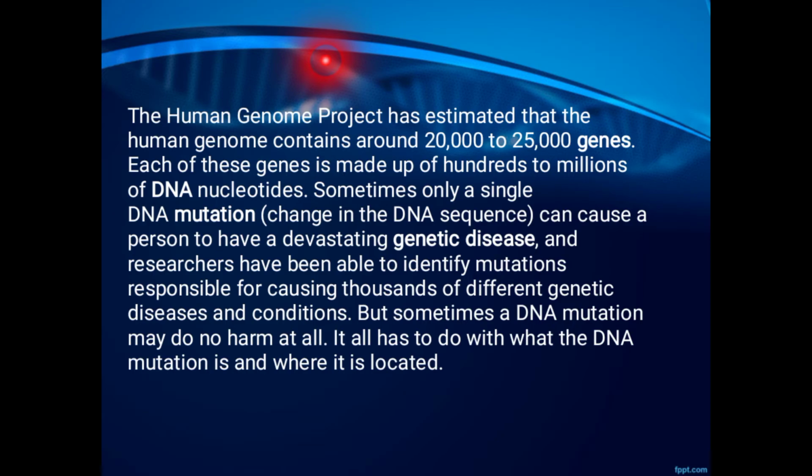For example, the disease sickle cell anemia. Sickle cell anemia is one of a group of disorders known as sickle cell disease. Sickle cell anemia is an inherited red blood cell disorder in which there aren't enough healthy red blood cells to carry oxygen throughout your body.